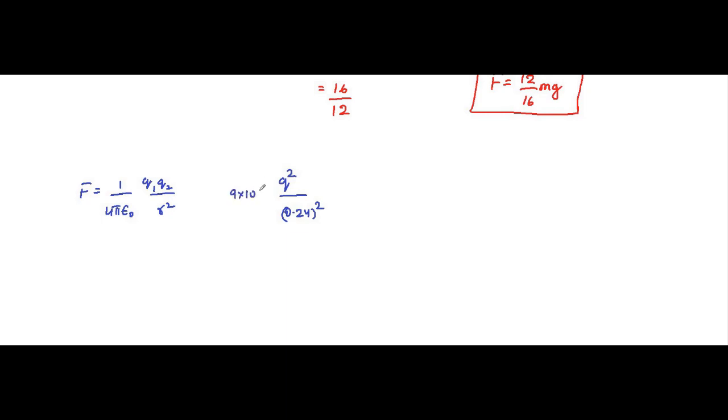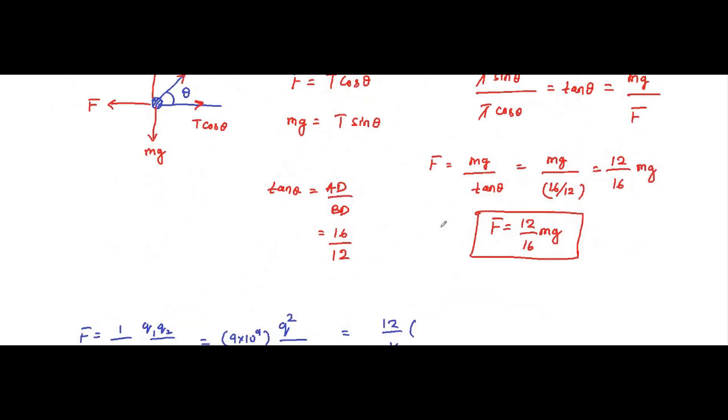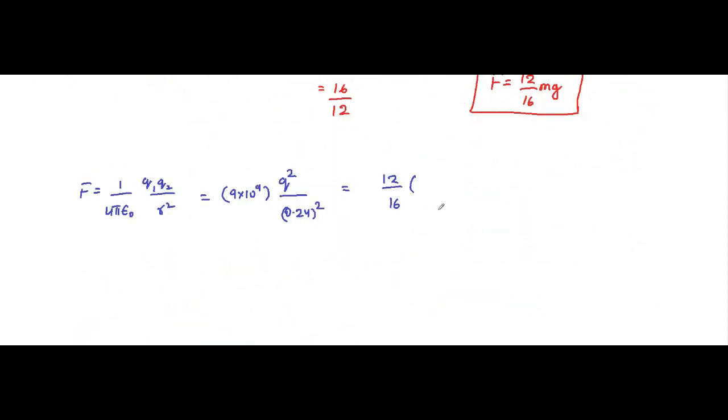So this will be 9 into 10 to the power 9, that is equal to 12 by 16 into the mass of the sphere, which is 0.1 gram. Converting it into kg, it is 0.1 into 10 to the power minus 3 kg. Acceleration due to gravity is 9.8.